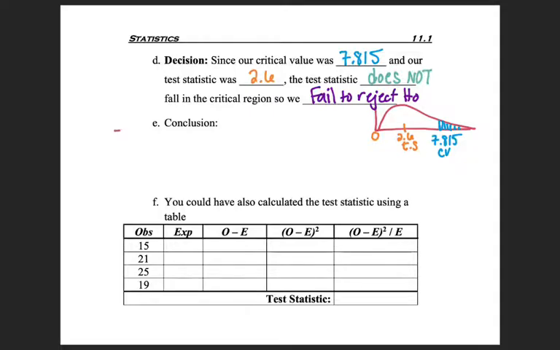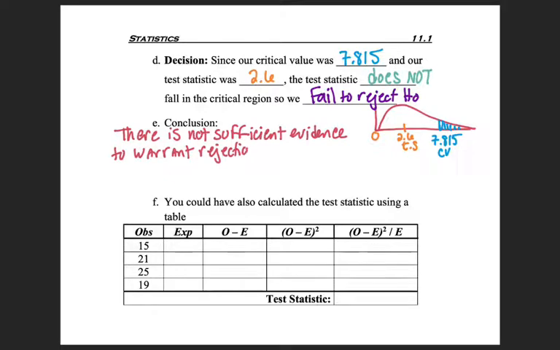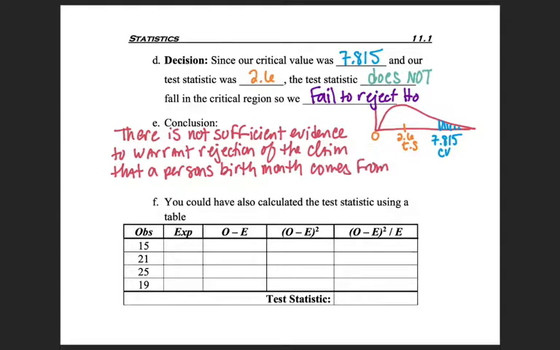So our conclusion would read, there is not sufficient evidence to warrant rejection of the claim that a person's birth month comes from a uniform distribution. Now I kind of flip-flopped. I went back to what was written in the sentence, not what I wrote for H1. There probably should be consistency, but I was just trying to show a variety of ways to do this.